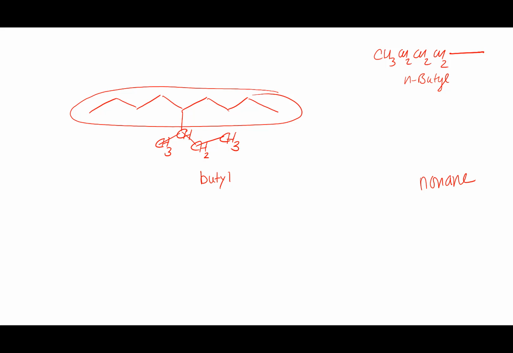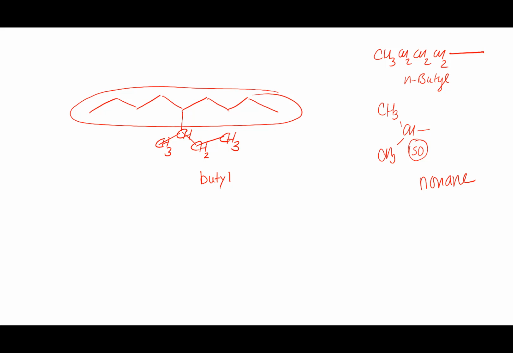So this is a butyl group, but it's not an N-butyl group. So then what I tend to look for is a group that looks like this. A CH3 attached to a CH, CH3. That in the common name is called an iso group. So every group that has a CH3, a CH, and a CH3 is going to be called iso something.